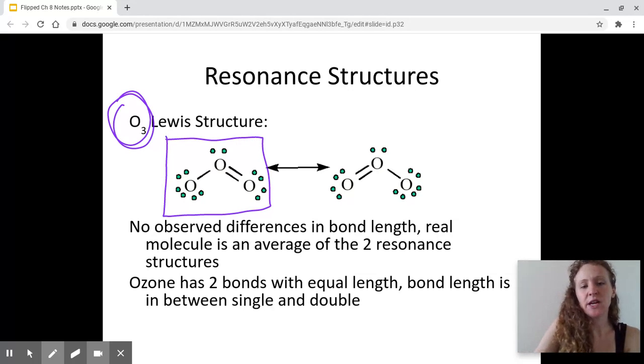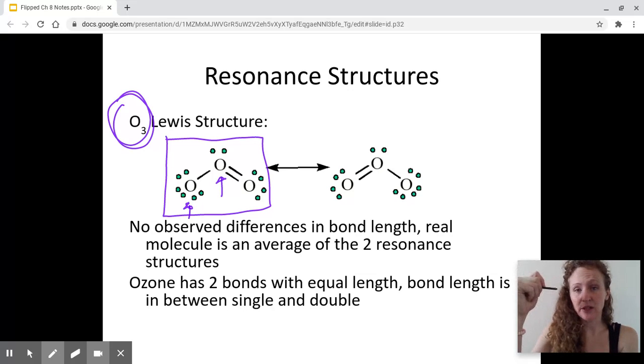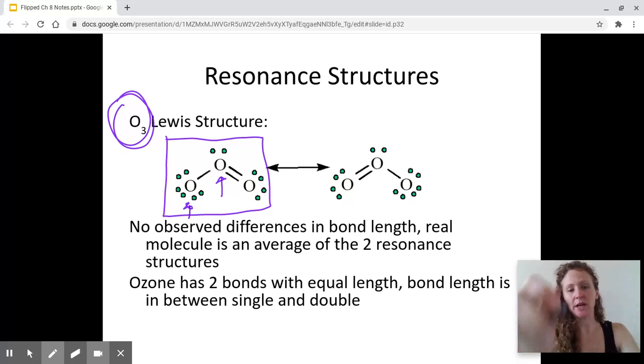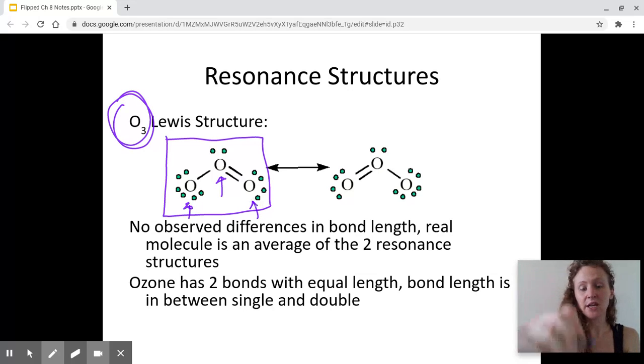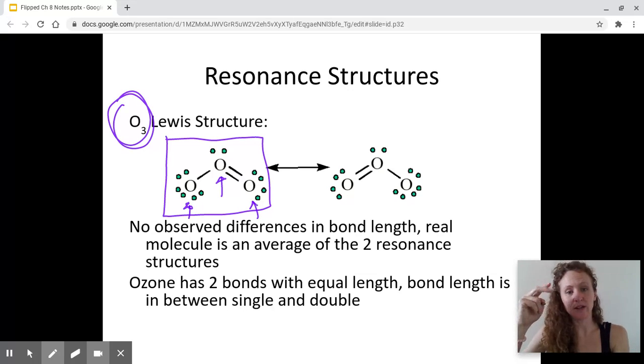So notice I have an oxygen on the far left that has an octet. I have an oxygen in the middle that has an octet in a different way, right? On the left, you have 3 lone pairs. In the middle, you have a single bond, a double bond, and 1 lone pair. And then on the third side, you have 2 lone pairs and a double bond.